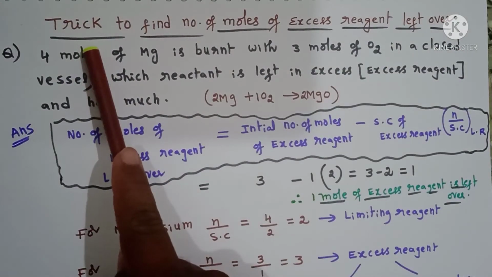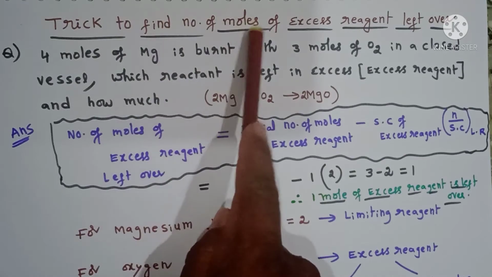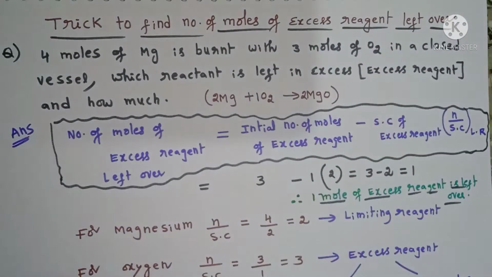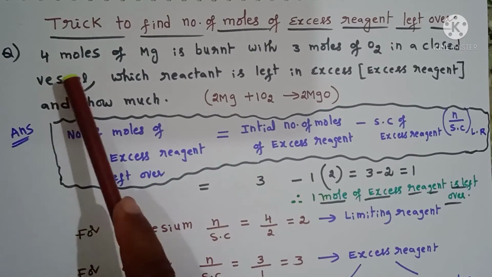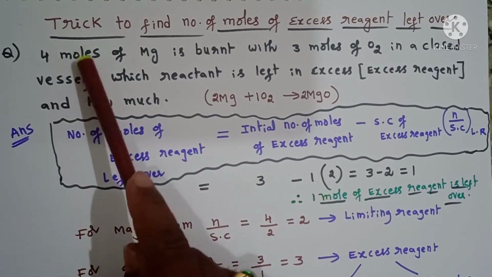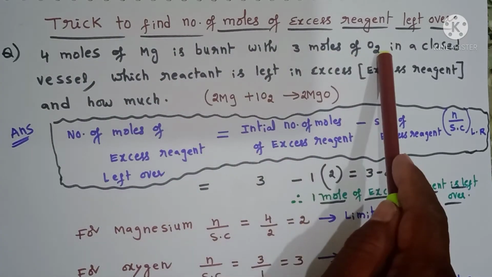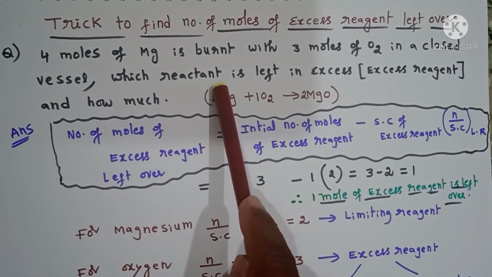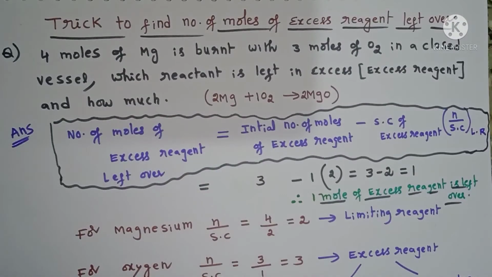Students, next I am going to discuss the trick to find the number of moles of excess reagent left over. See, the same question is asked like this also. 4 moles of magnesium is burned with 3 moles of oxygen in a closed vessel. Which reactant is left in excess and how much?